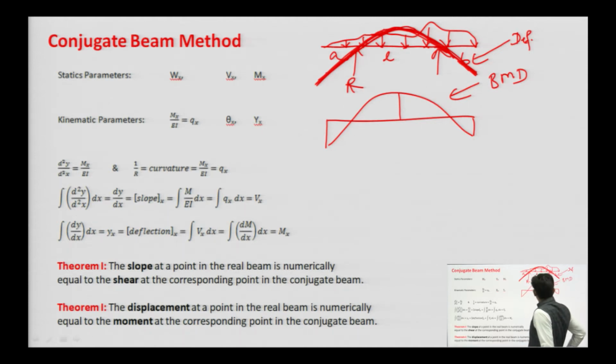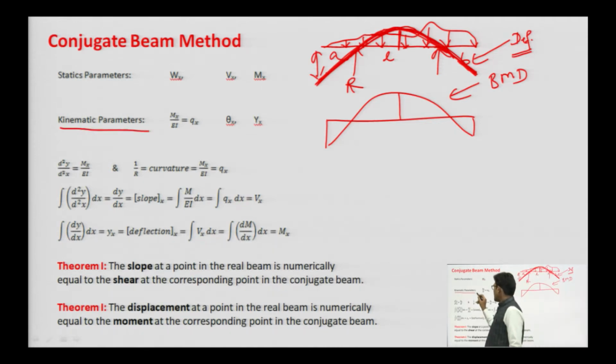The displacement at any point in the real beam, or the slope, can be determined with the kinematic parameters.